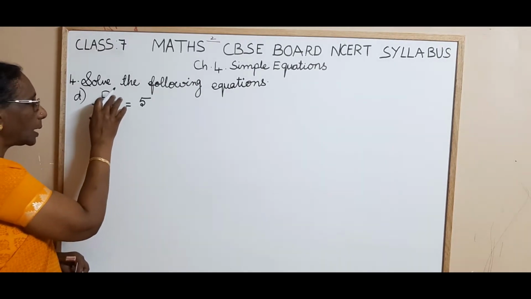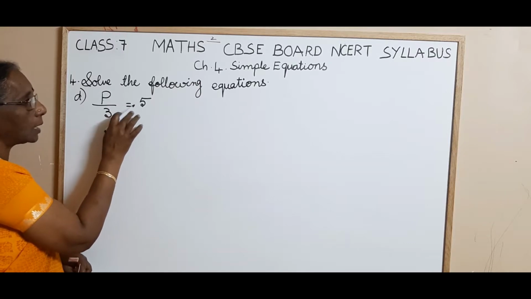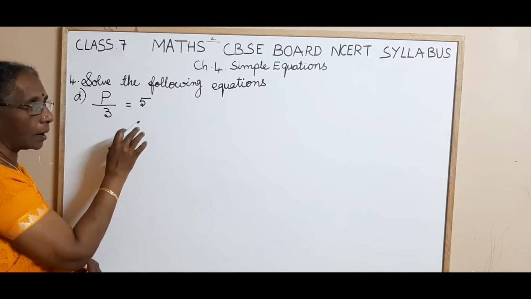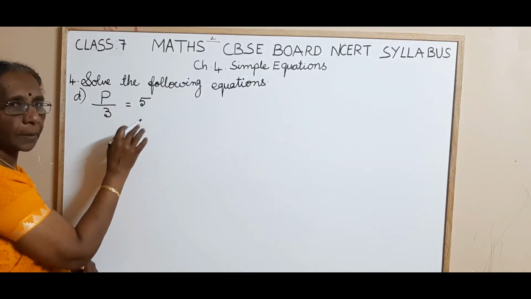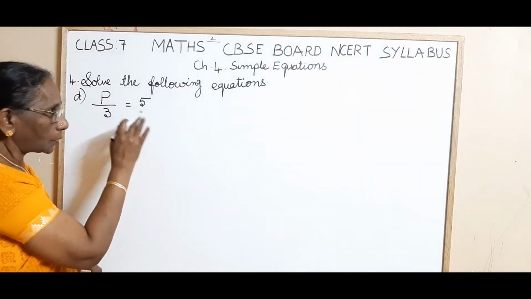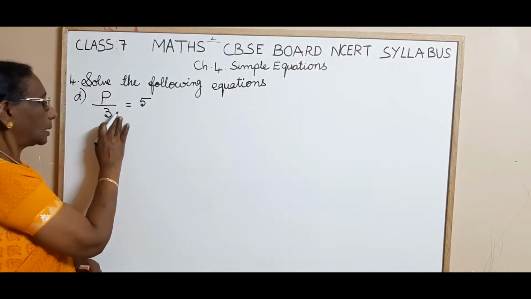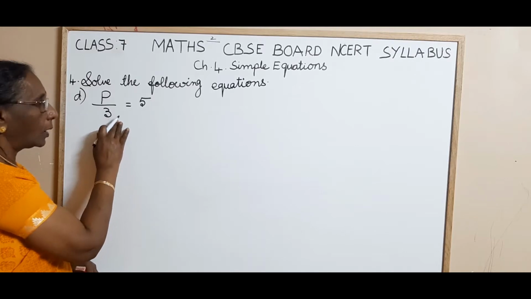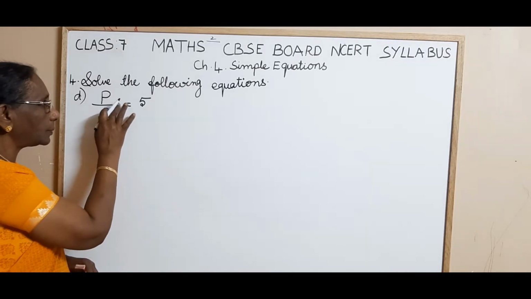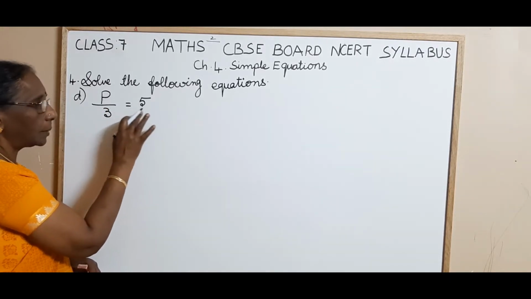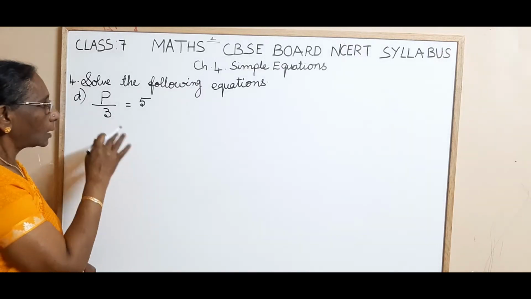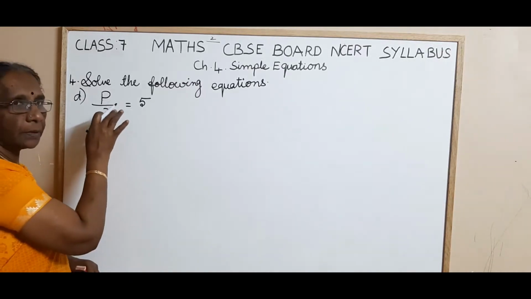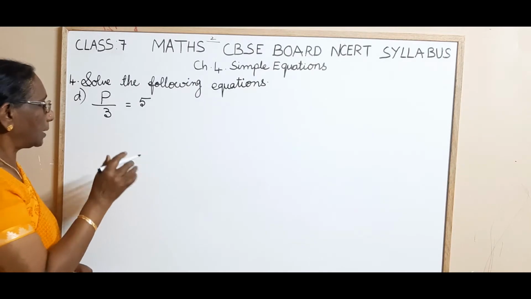So here p by 3 is equal to 5. What is the meaning of that? p divided by 3 is equal to 5. To eliminate the 3, what should we do? We have to multiply both sides by 3. The inverse operation of division is multiplication.